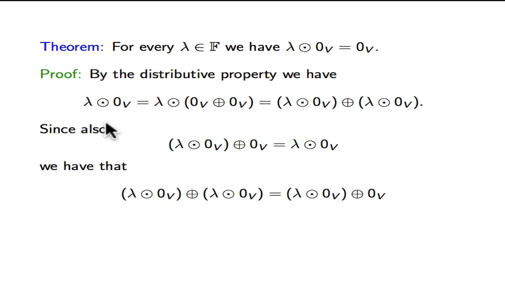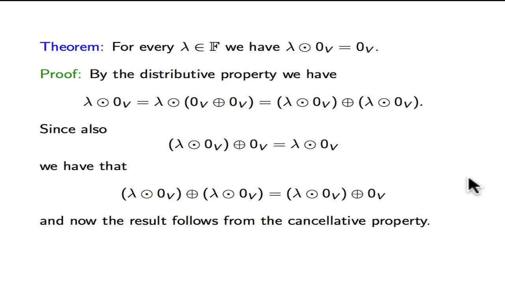And now, because we also know that lambda times (0 plus 0) is equal to lambda times 0, we have that lambda times 0 plus lambda times 0 is equal to lambda times 0, which is equal to lambda times 0 plus 0. But now by the cancellative property, we do have that lambda times 0 is equal to 0, which is what was claimed.